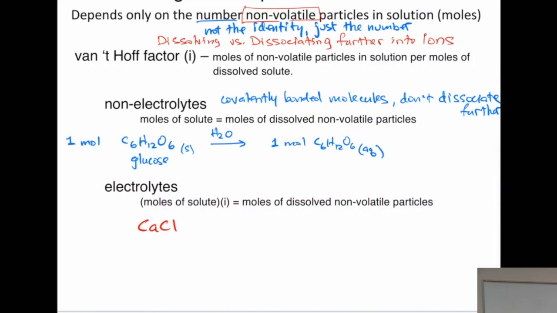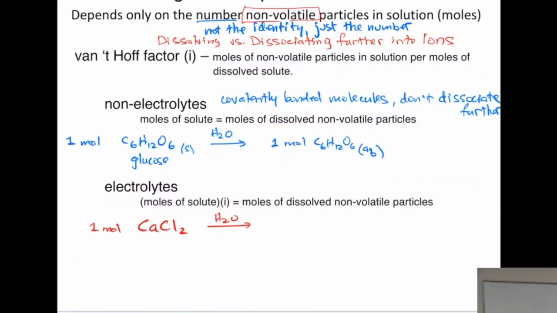CaCl2. That's right. So if I take calcium chloride, let's take 1 mole of calcium chloride and let's put that in water. What are we going to get? What happens to an ionic compound that's soluble? It breaks apart.